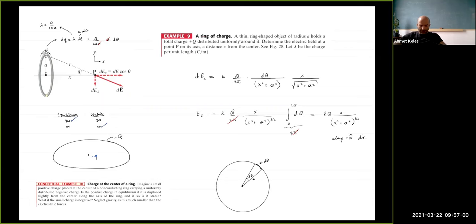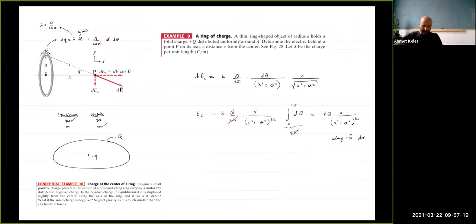Now I want to ask you a couple of questions as a follow-up. If I put this charge right in the center of the circle, what is the net force?